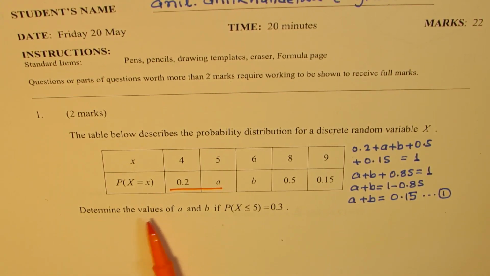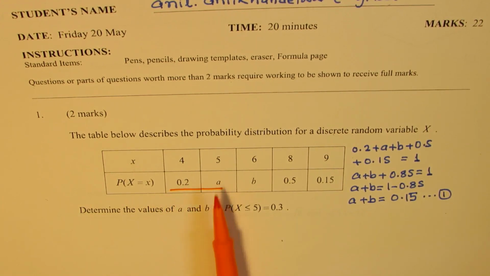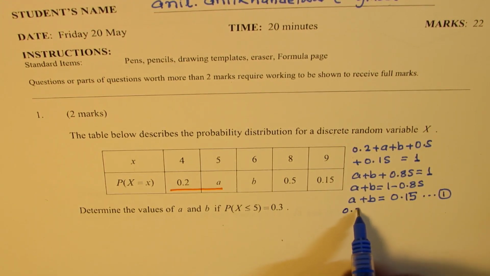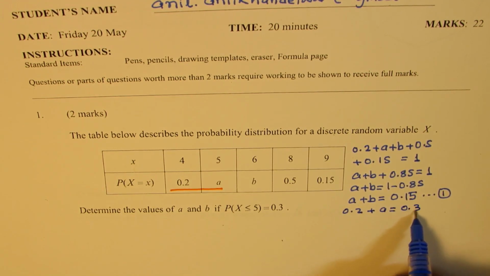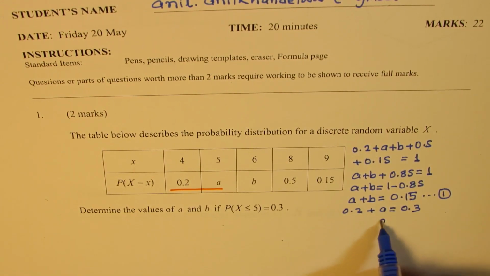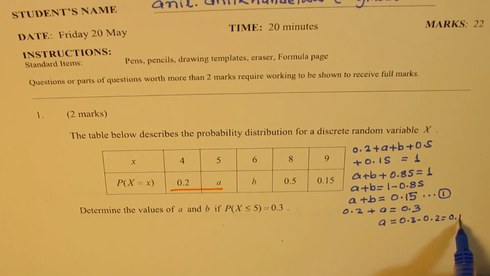When we know that this probability is 0.3, then if I add these two, I should get 0.3, right? So from here, we have the information that 0.2 plus a should be equal to 0.3, so we can find the value of a. So a is equal to 0.3 minus 0.2, which is 0.1.